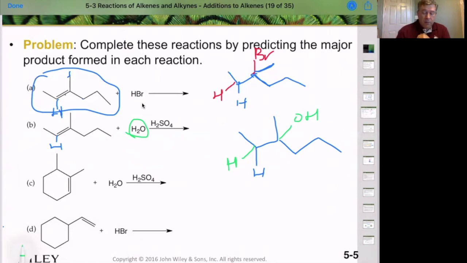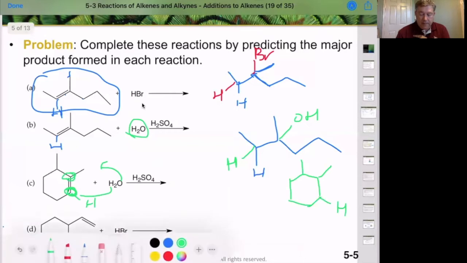Let's do this one now. There are no hydrogens on this carbon, so that means the water hydrogen is going to add to this side, and the OH is going to be on the other side, yielding our product. We have a methyl group there, a methyl group here, and we had a hydrogen here on our starting material.